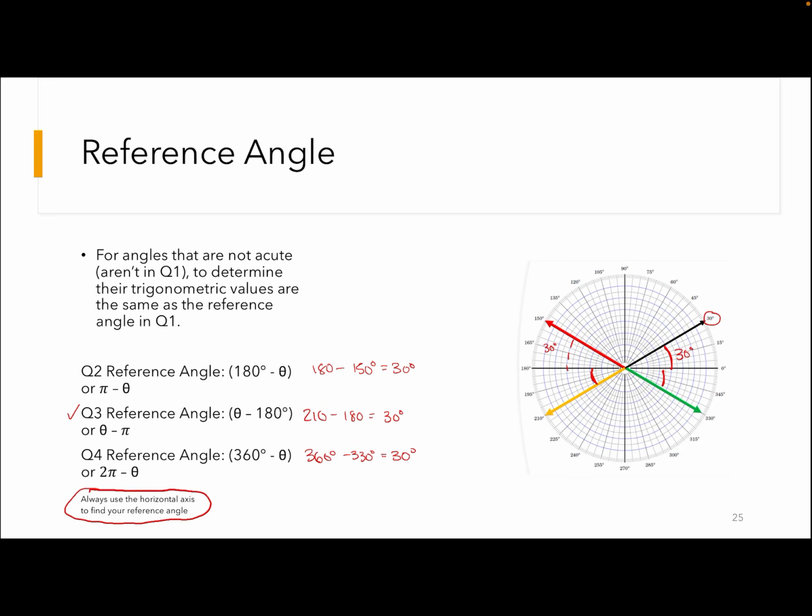So find the reference angle for each one of these angles. If you paused this and kept working, you should have gotten that your reference angle here is 60 degrees. For the angle that's 260, our reference angle is the difference between 260 and 180.